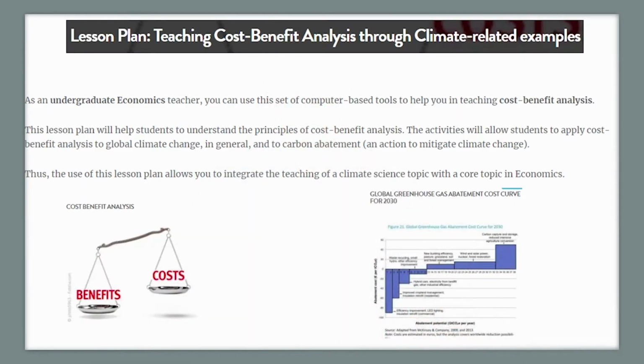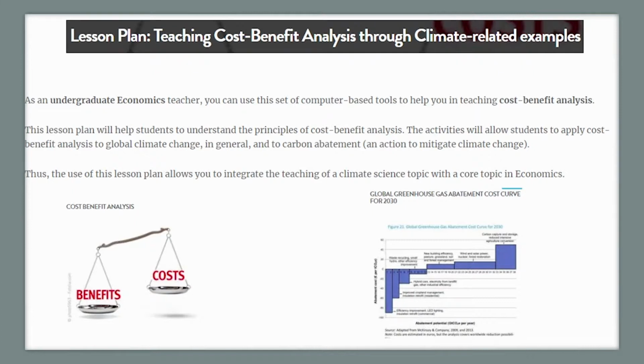A lesson plan titled Teaching Cost-Benefit Analysis Through Climate-Related Examples. As an undergraduate economics teacher, you can use this lesson plan to help you in teaching about cost-benefit analysis, which should be part of your syllabus in the undergraduate economics curriculum. In this lesson plan, you can help your students understand the principles of cost-benefit analysis.